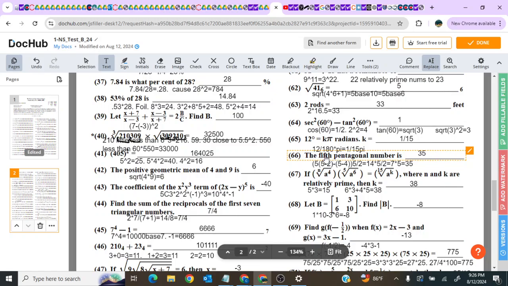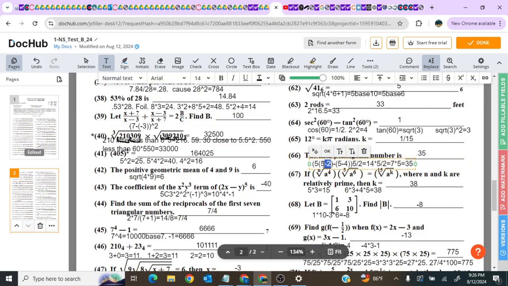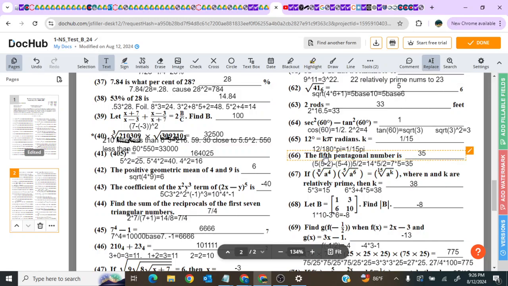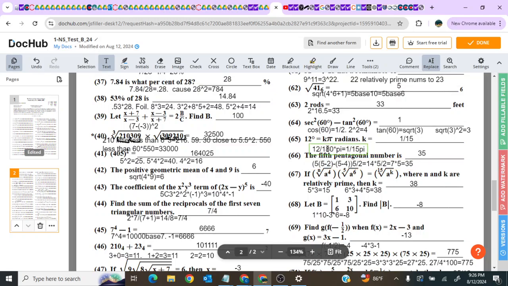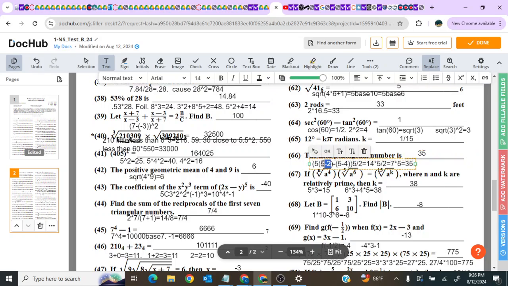The fifth pentagonal number is what? Well, basically what you do for this is you take this number right here and multiply it by the pentagonal relationship minus 2. So 5 times 3 gets you 15.